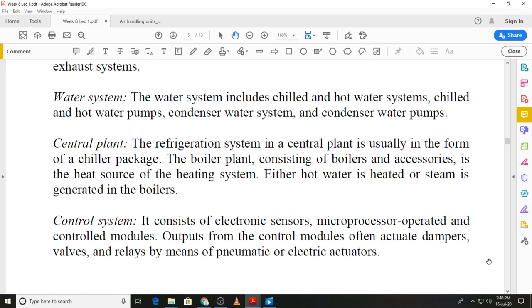Outputs from these gauges and sensors allow the operation of various components of the system. For example, if you want to increase the flow rate, you will actuate a damper, or if you want to increase the flow rate of water, we will have to open valves, and that can be done through control systems.